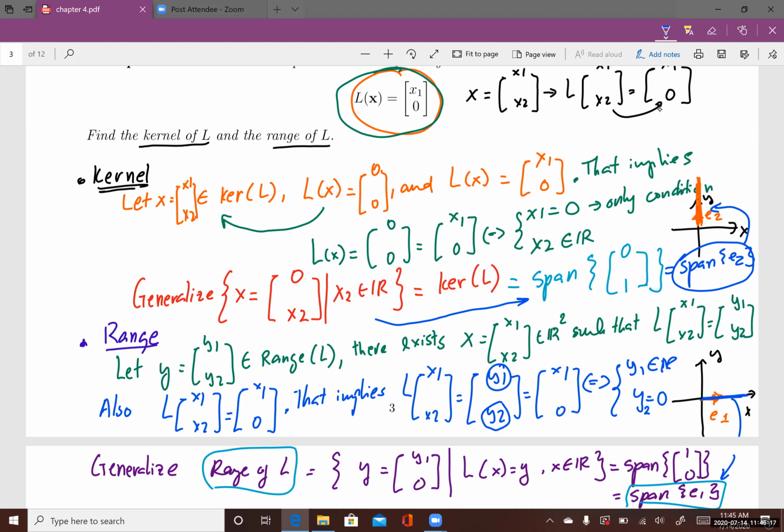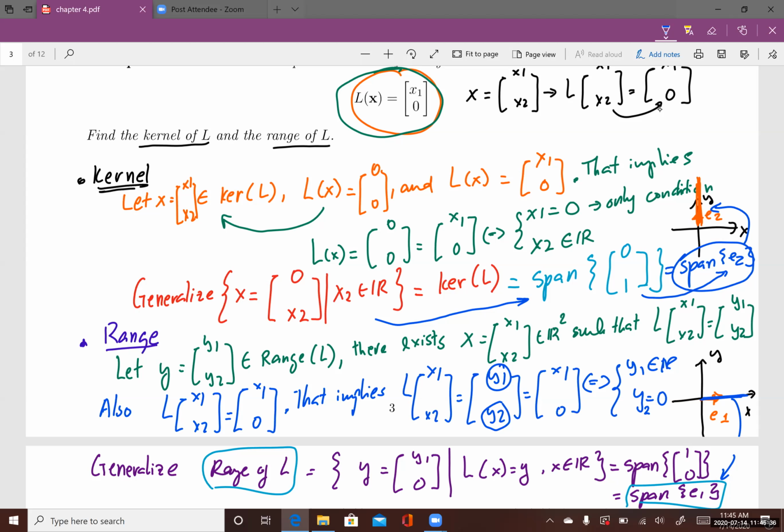You can see that this is the span of 0, 1, which is E2, one of the unit vectors. Then you can visualize this using the xy coordinates.